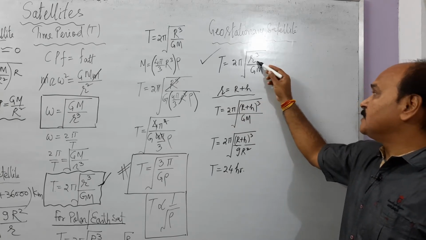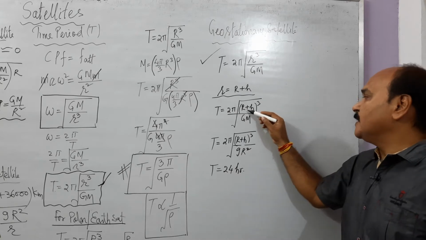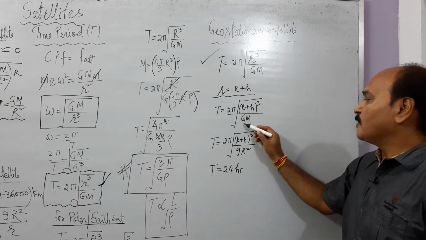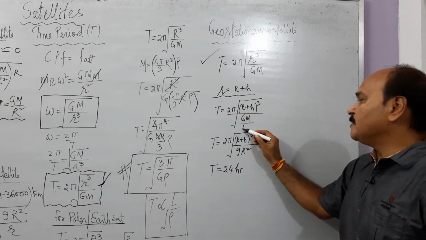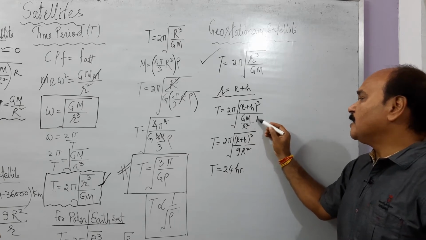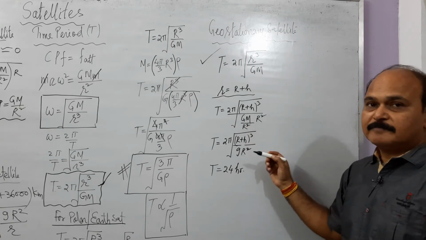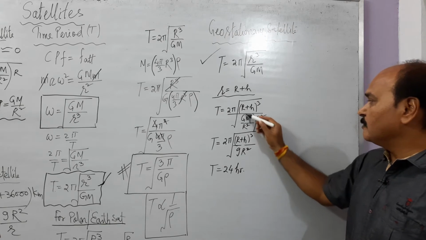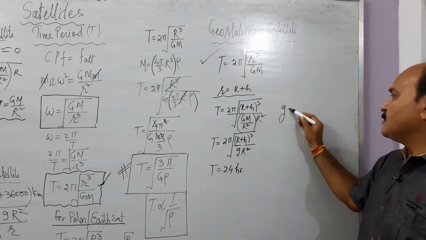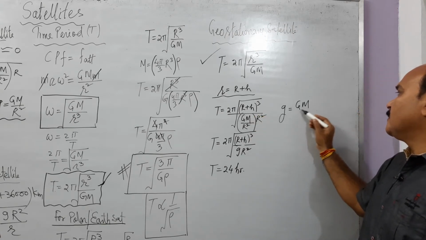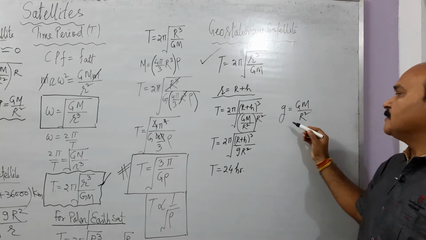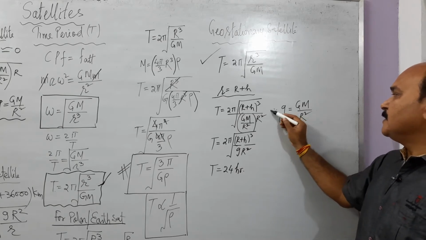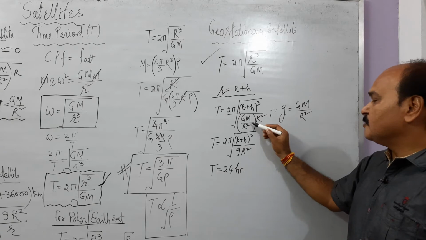And if we substitute this as R plus h, we get R plus h whole cube. Now what are we doing here? We are dividing it by R square and multiplying it with R square. And this quantity we know is nothing but the acceleration due to gravity on the surface of the planet. So for this we write g. So what do we get?